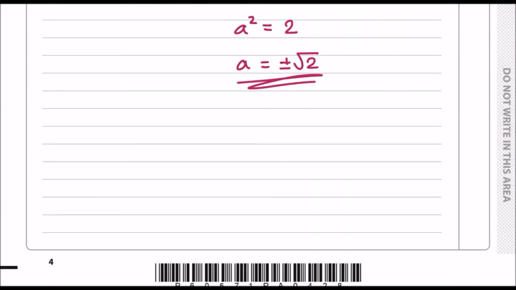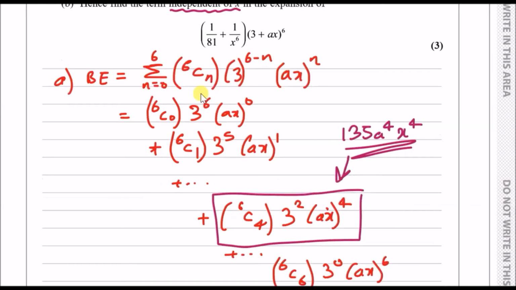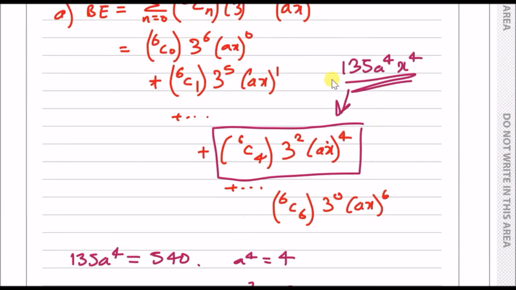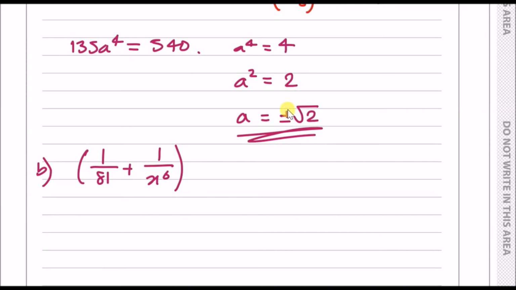So for part b, we have 1 over 81 plus 1 over x to the 6, and they want us to multiply against our binomial expansion. So we replace this term with what we found here. Let me quickly evaluate this. The first term, 6 choose 0 times 3 to the 6, gives us 729.